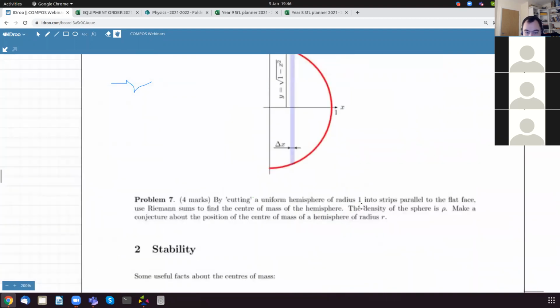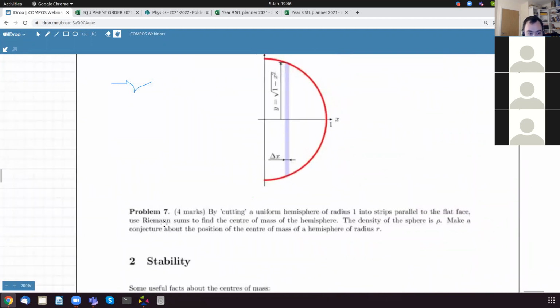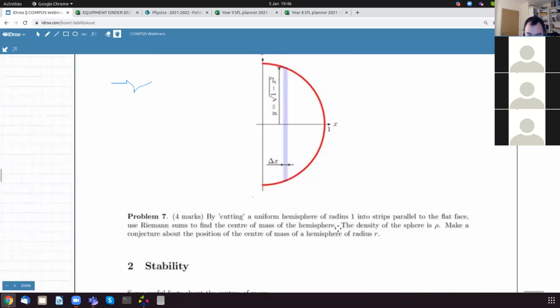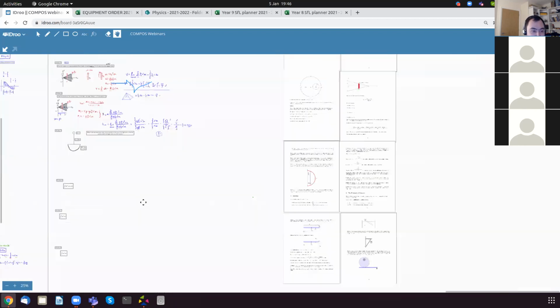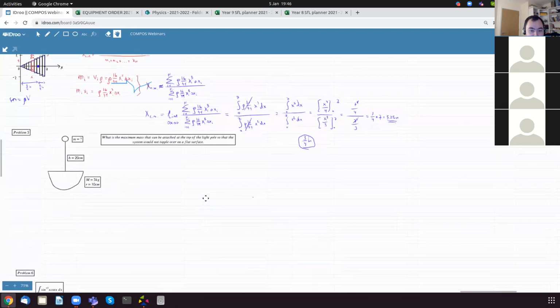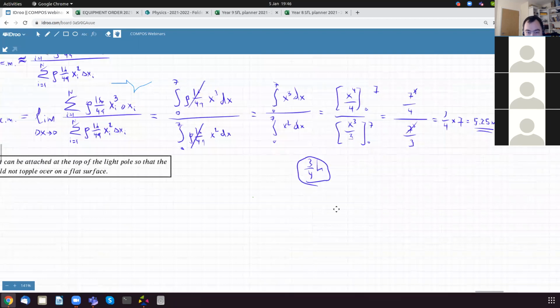By cutting a uniform hemisphere of radius 1 into strips parallel to the flat surface, use Riemann sums to find the center of mass of the hemisphere. The density of the sphere is rho. Make a conjecture about the position of the center of mass of a hemisphere of radius r. So just like I did, first I found 5.25 for this particular pyramid, and my conjecture is that for any pyramid, it's going to be 3/4 of the way.